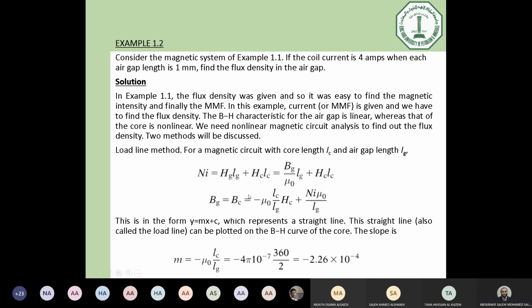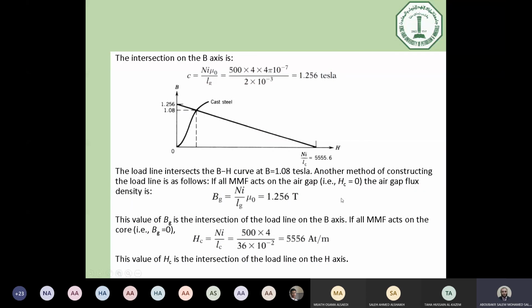Now if we substitute the slope of the equation, which is this part, we can find this slope, and the other part here, represented by C, we can calculate C as well and start plotting the line. So we calculated C and M and plot this line based on the straight line equation.